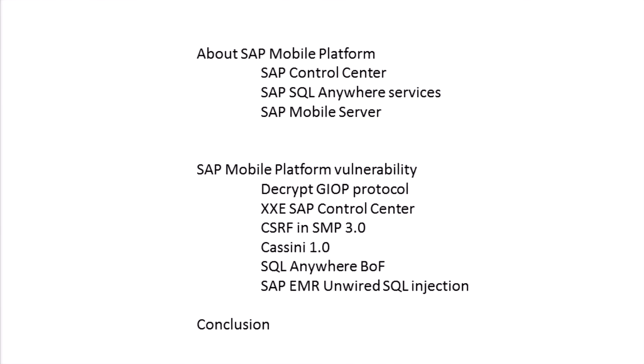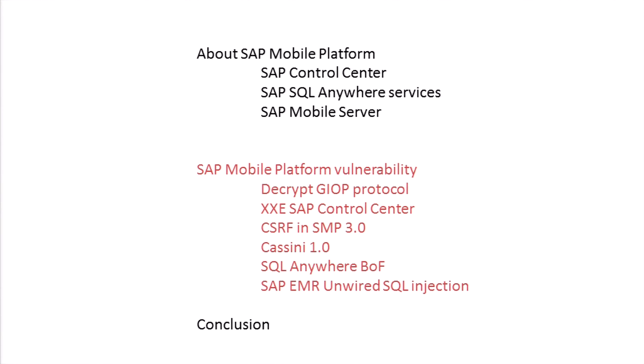Today, I have divided my presentation into three main parts. In the first part, we will learn about the SAP Mobile Platform. Then we'll learn about its main components, which components exist, how they function, and how they correlate to each other. The second part will be dedicated to the SAP Mobile Platform vulnerabilities that we have discovered.